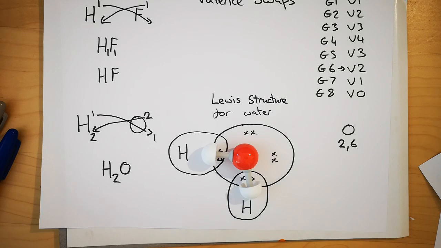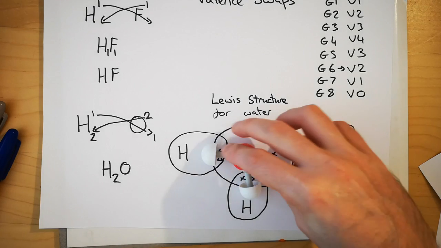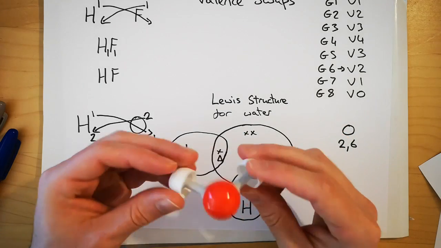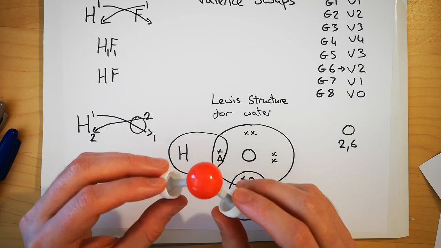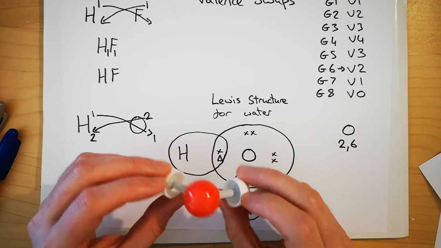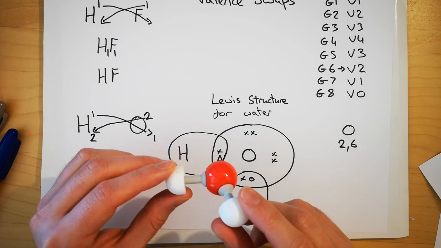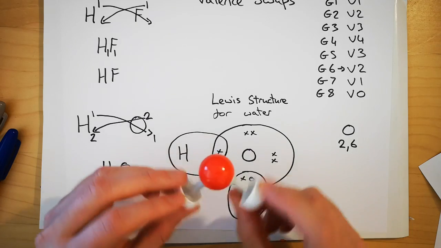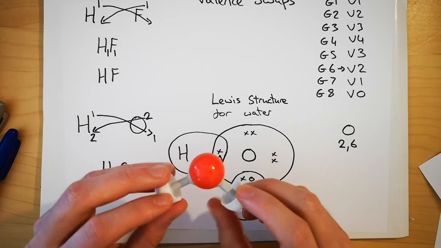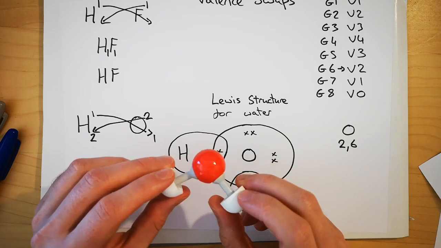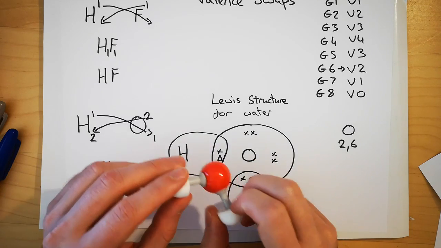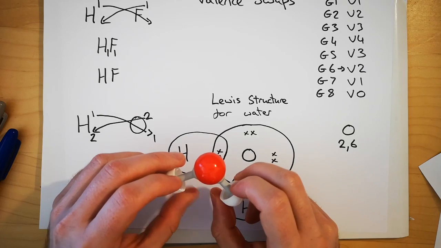It's got an angular or bent structure to it. So what we will do next is take a look at the different types of molecular shapes that we can get, and you do actually need to know and remember those molecular shapes. So we will go on and do our molecular shapes next.